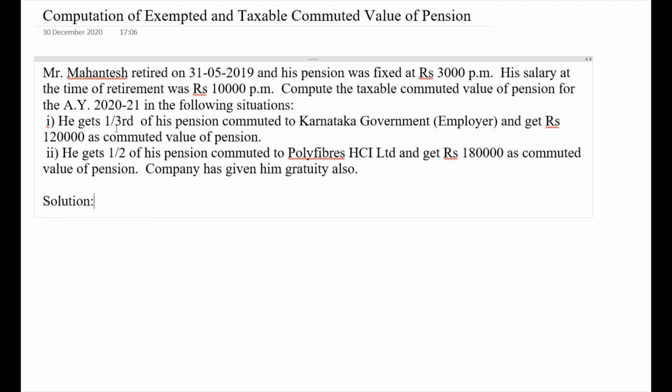In the first case here, he is a government employee, so any amount of commuted value of pension received by the assessee is fully exempted from tax under section 10(10A) here.